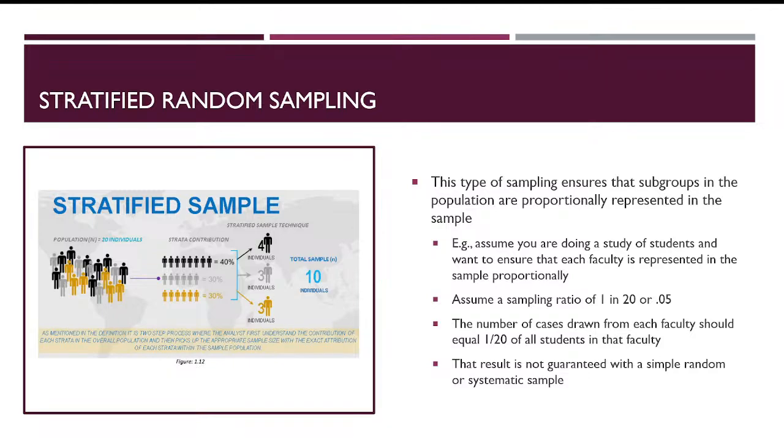So like, if you're looking at a student population, and 40% of your student population is engineers, you make sure that, if you take 10 as your total sample, 4 of them are from the faculty of engineering. So that's basically a stratified sample.